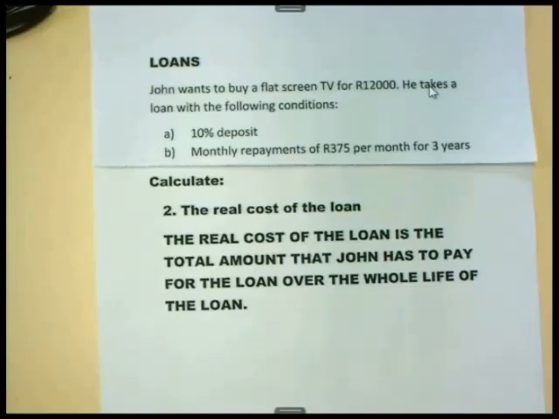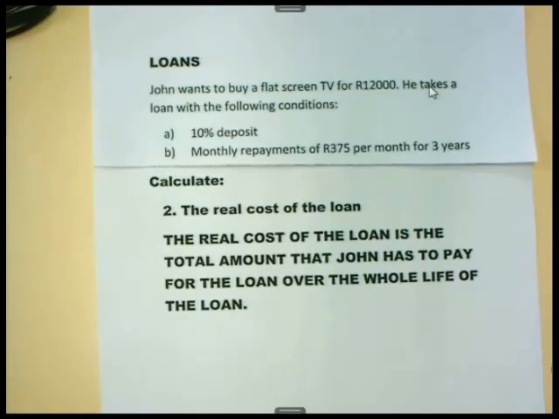In a second part of the question, you can maybe be asked to calculate the real cost of the loan. In other words, at the end of the day, when John is finished paying for this TV, what is it that he will pay all in all for this TV after he paid it off in the 3 years period of time?